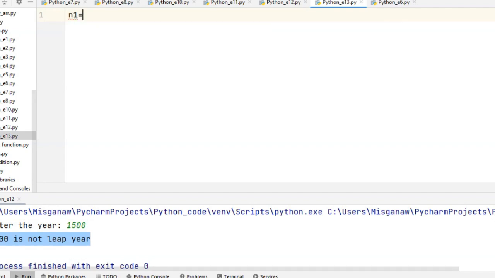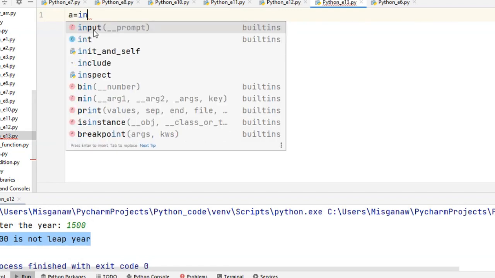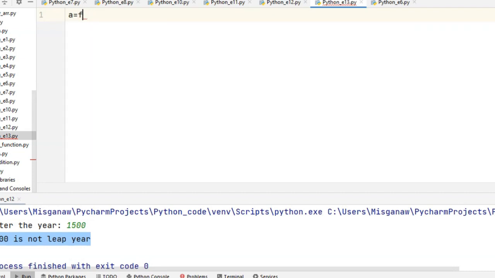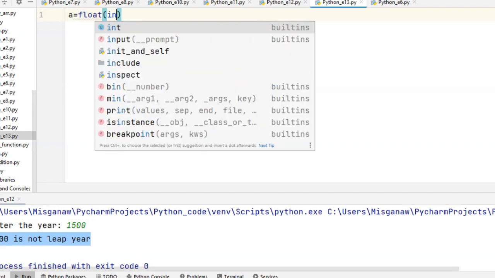A equals to int, or for example, float, can say float input.